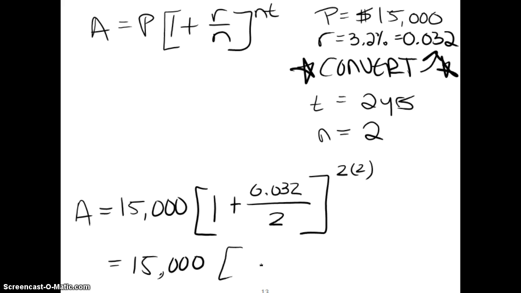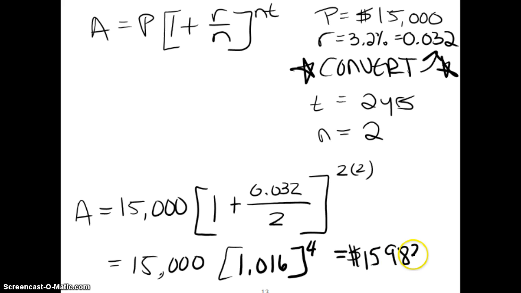So I would do 0.032 divided by 2 plus 1 gives me 1.016. And 2 times 2 is 4. And I would put that into my calculator. So 15,000 times 1.016 to the 4th. Gives me a total amount of $15,983.29. And this is the total amount of money that I have.